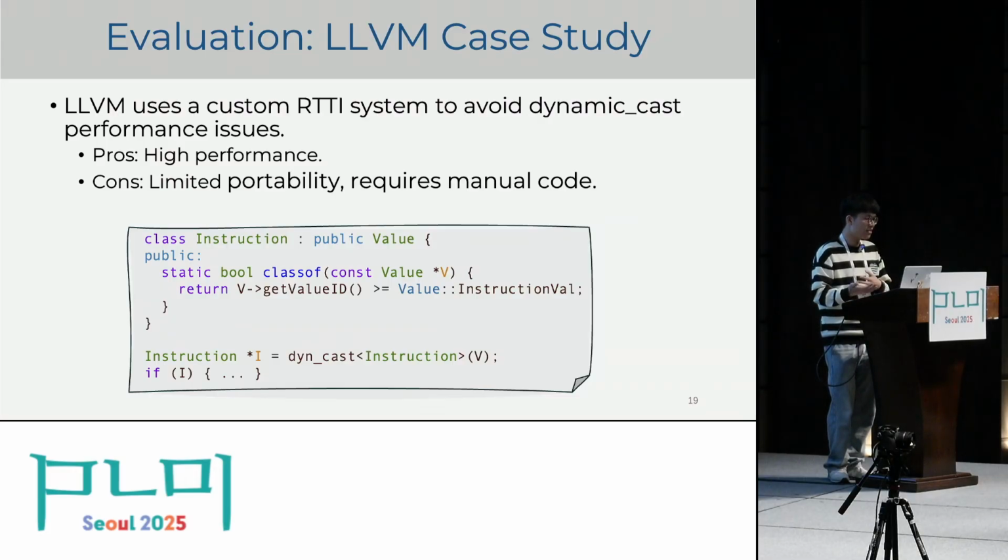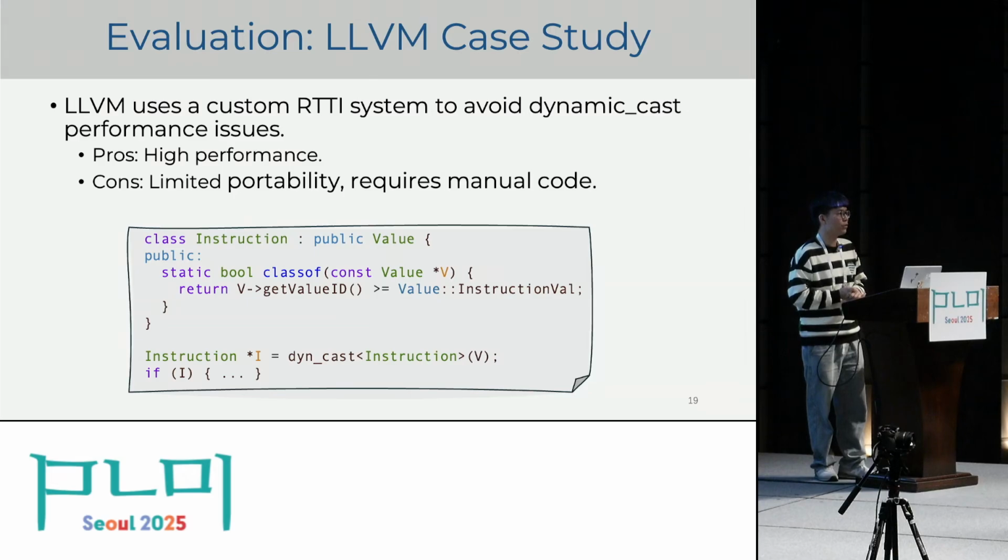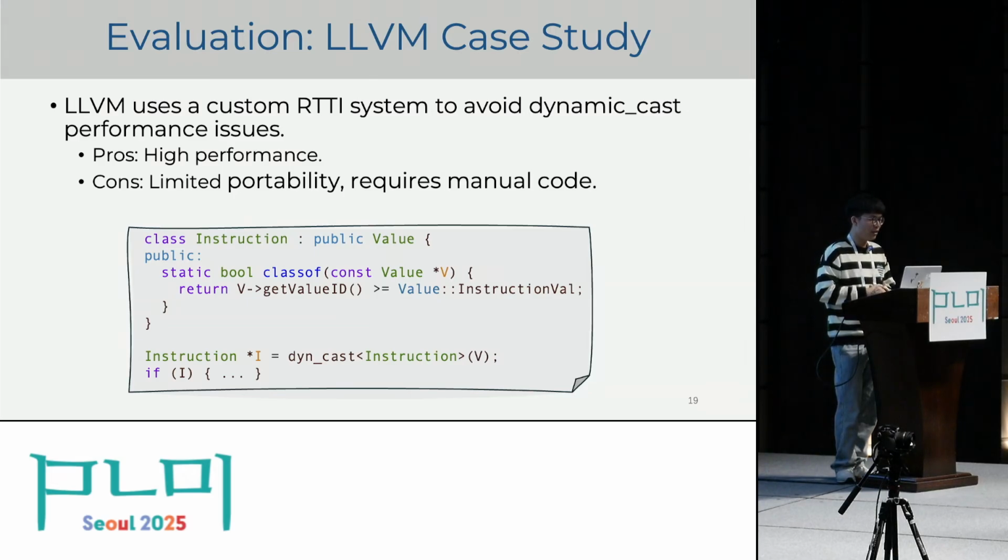But the downside is that it is not compatible with the standard dynamic cast, and it also requires a lot of manual code. For example, if you want to add a class into LLVM, you need to implement the classof method, and you also need to create a new unique class ID. And even worse, LLVM only uses 1 byte to represent that class ID, which means if the code base grows or gets refactored, there can be some compatibility headaches.